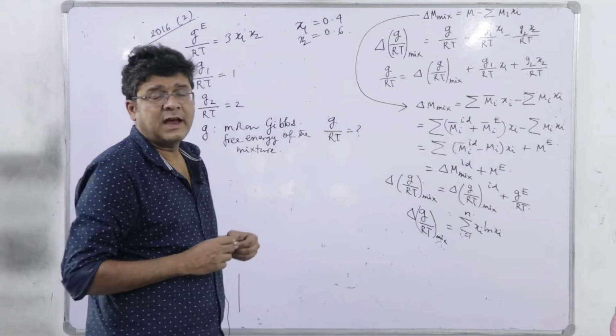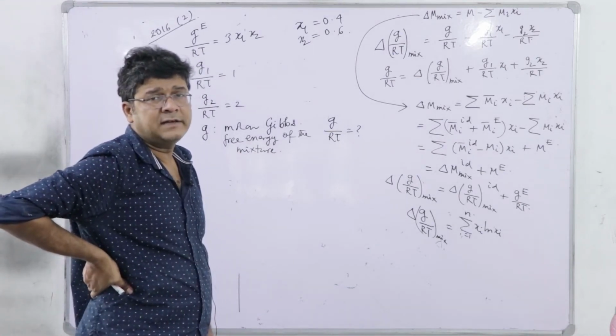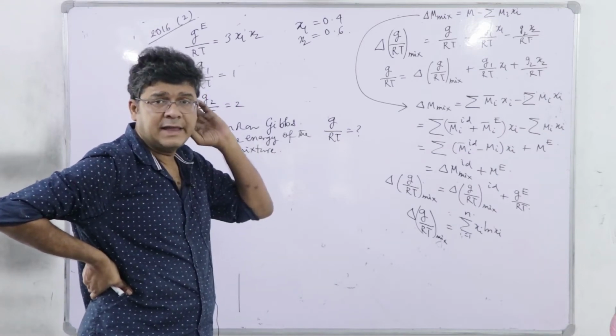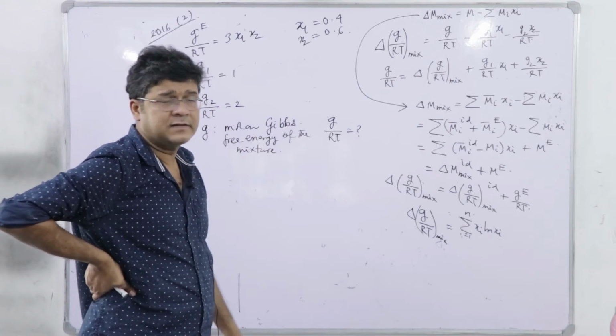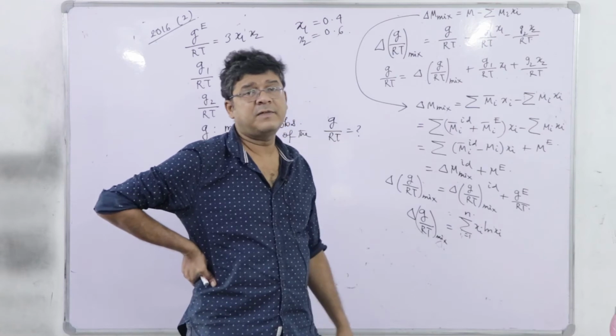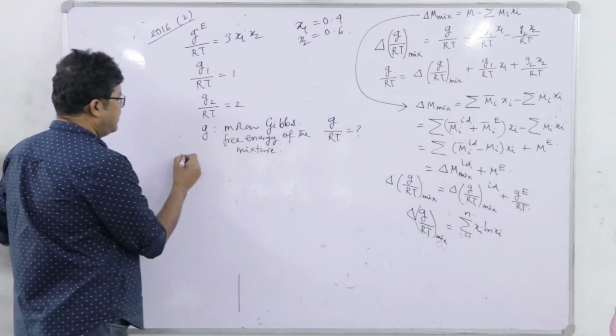Because we have proved that delta G mix ID is equal to RT summation of xi ln xi, which should be always negative for a spontaneous process like mixing, and it is becoming negative because of the logarithm of this fraction, xi is a fraction. So, what will be my solution then?